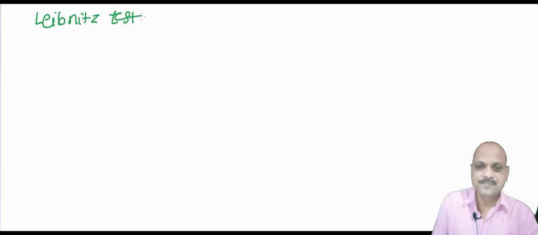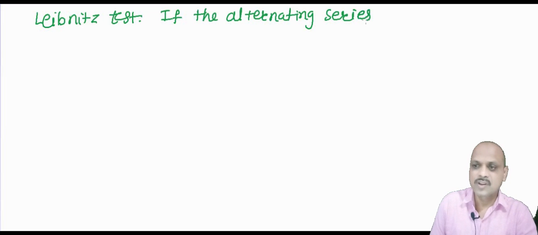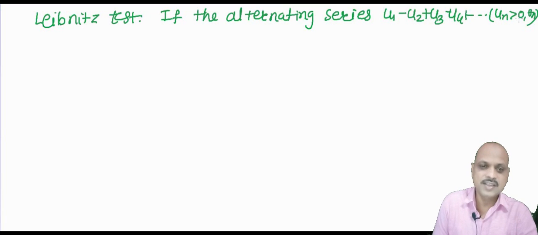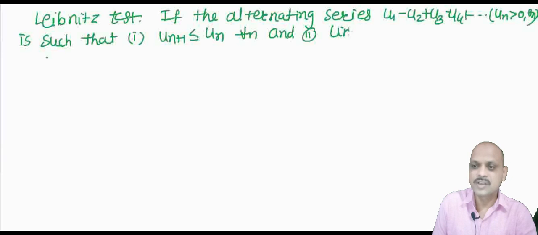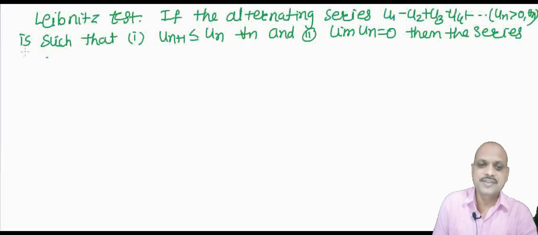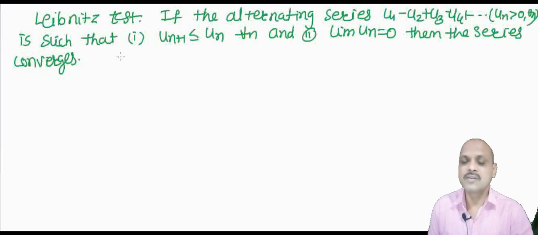The statement: if the alternating series u1 minus u2 plus u3 minus u4 plus, where un is greater than 0 for all n, is such that the first condition, un+1 is less than or equal to un for all n, and the second condition, the limit of un equals 0, then the series converges. This is the statement of the test for an alternating series given by Leibniz.